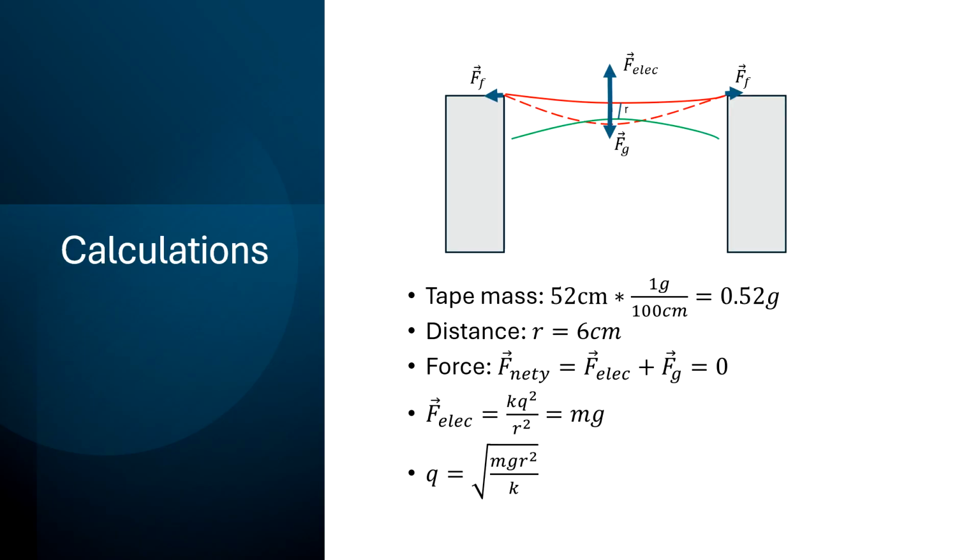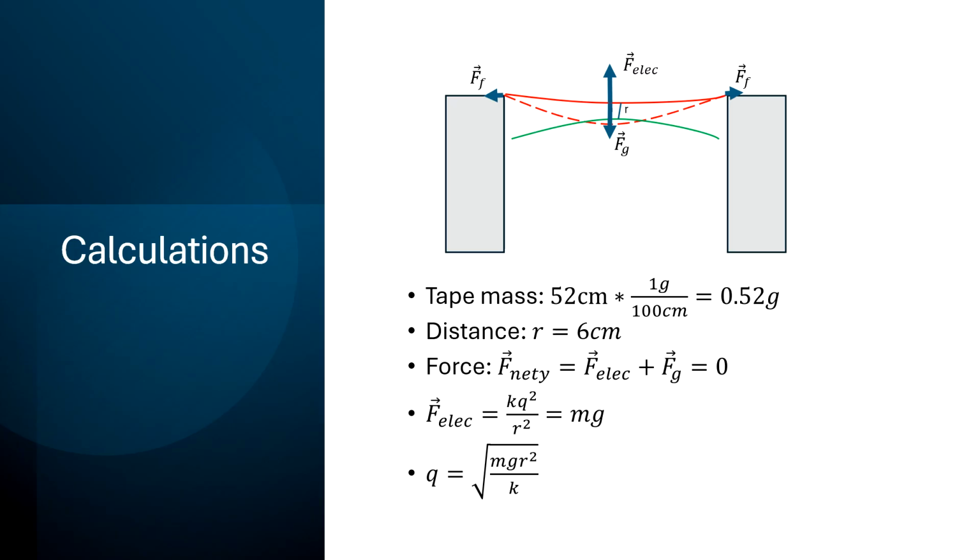Using the data from my friend of their tape length of 52 centimeters and their distance between the two tapes of 6 centimeters, we can calculate the charge of the two pieces of tape.